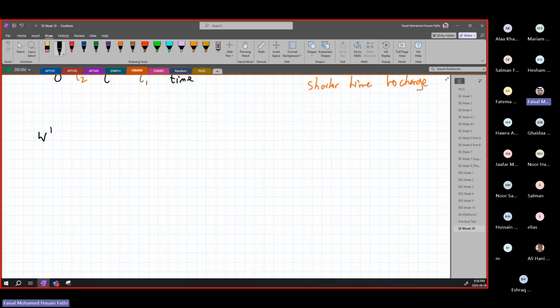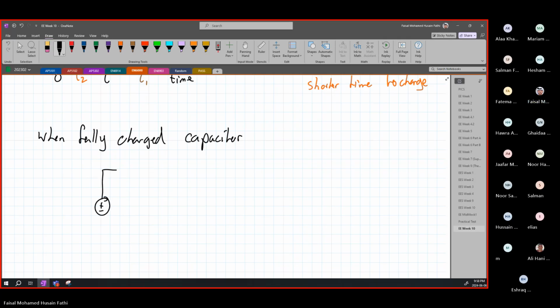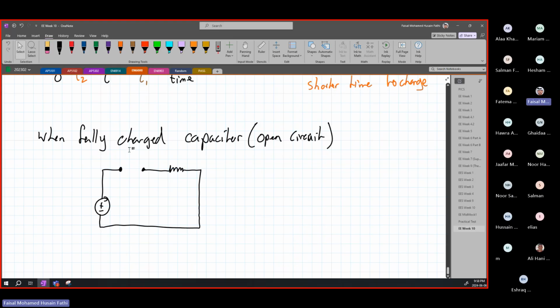So when the capacitor is fully charged, this is what you will get. You will get your battery over here, and this will be as if it is an open circuit. This is what happens. It becomes an open circuit.